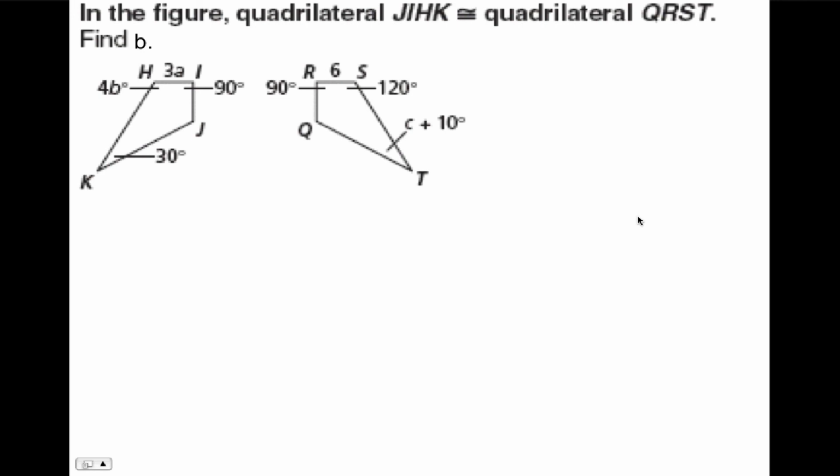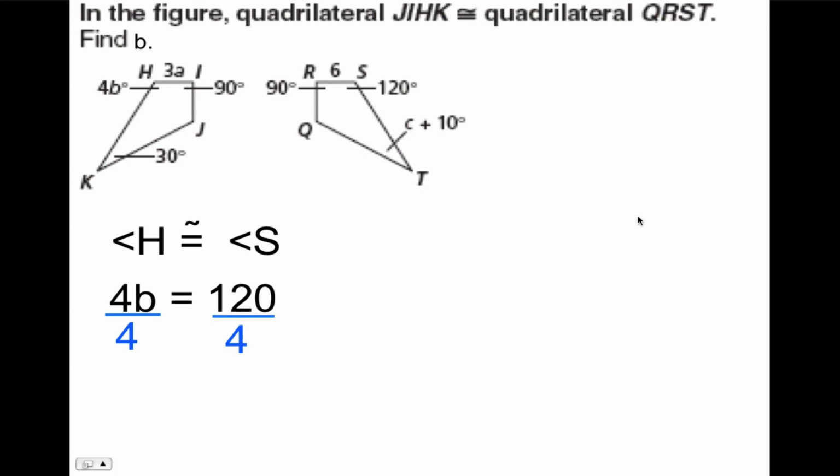And angle H corresponds to angle S. So we'll say that angle H is congruent to angle S. Therefore, 4B degrees equals 120. And we'll just divide both sides by 4. 4 divided by 4 equals 1. So that's 1B, or B alone. And 12 divided by 4 is 3. So 120 divided by 4 equals 30. B equals 30.